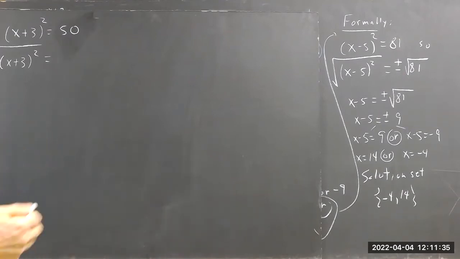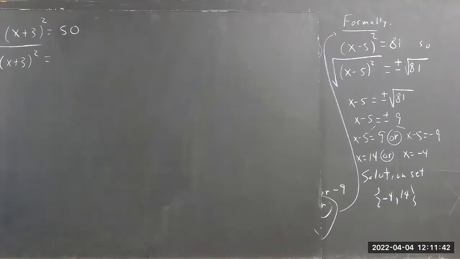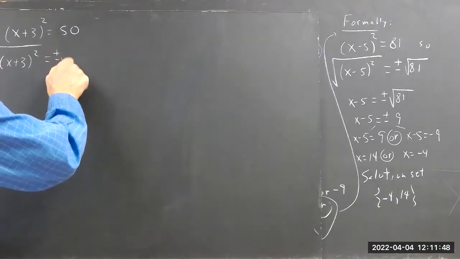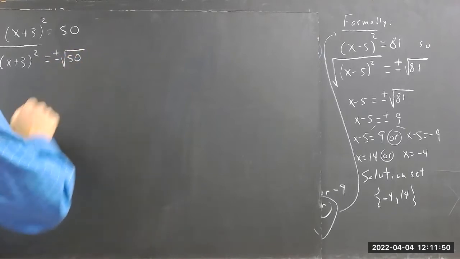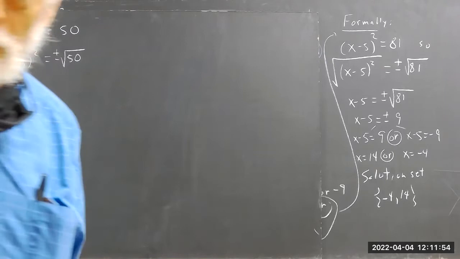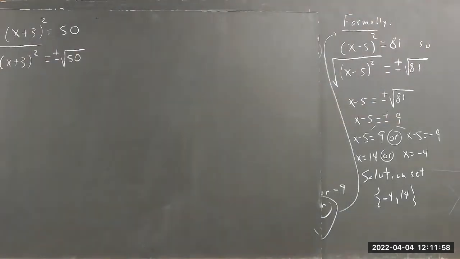Now, if you had plus or minus the square root of the square root of 50, I kind of made a joke out of that, but it was right. So the joke's on me. So that's plus or minus the square root of 50. Now we'll come back to that one because the square root of the square root of 50 would be the fourth root, but let's not worry about that just yet.